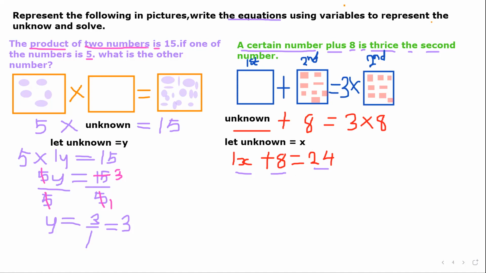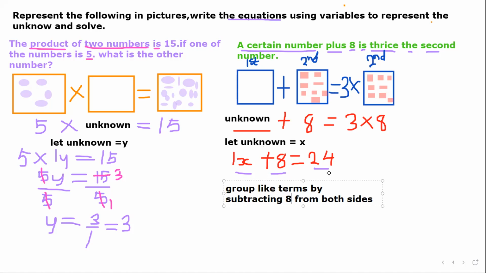So here, because the 8 is positive on the alphanumeric side, you have to subtract the 8 from both sides so that the 8 here will vanish, okay? Good. So you group like terms by subtracting 8 from both sides, okay?